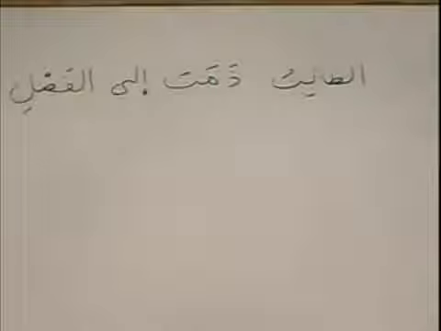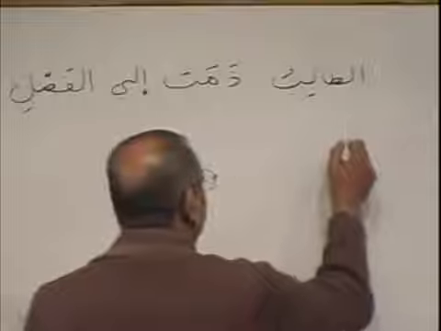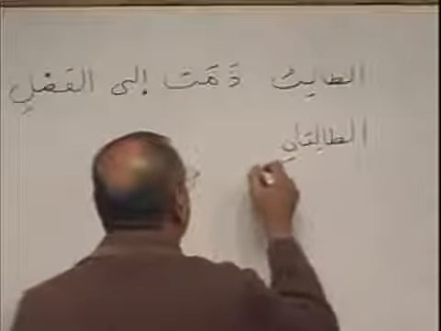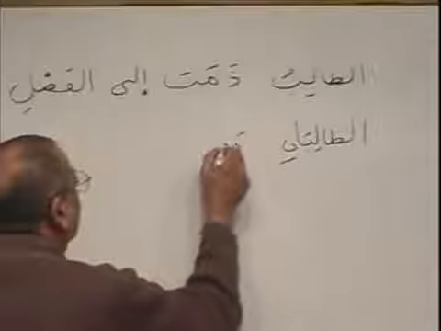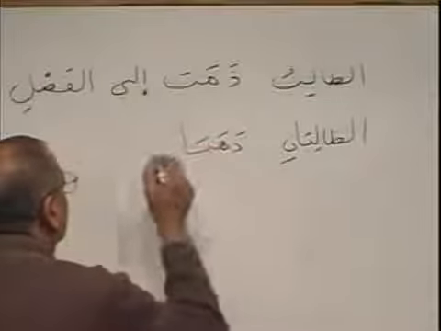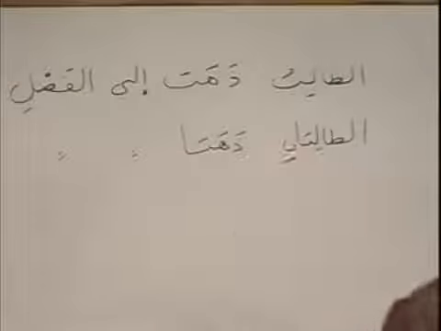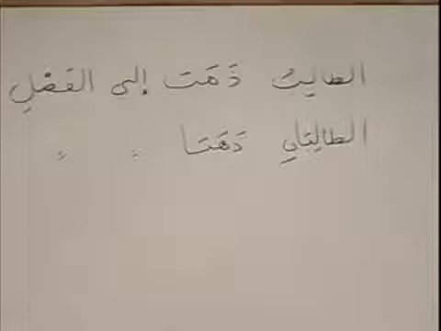Fine. If I say at-talibu, mubtada, then what is zahaba? Fi'l. Where is the fa'il? Mustatir, taqdiruhu huwa, yadullu ala talib. It is pointing out, indicating it to the talib.